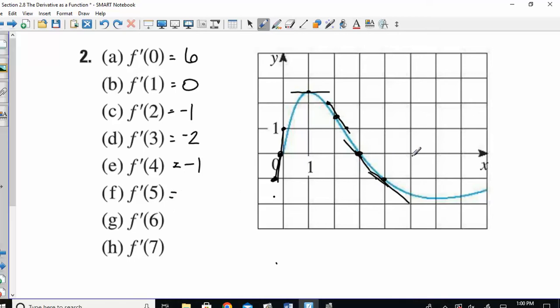At 5, if I drew my tangent line, I think about -1/3.